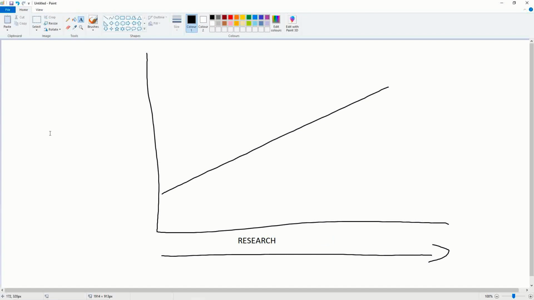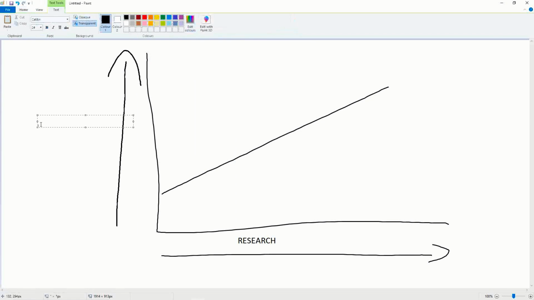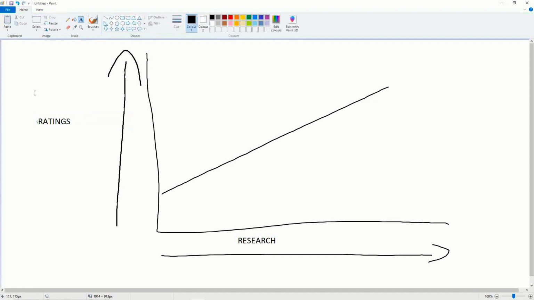And along the y-axis up here, I have my DV, which is ratings. Okay, so what this line here is representing is that as scores on research go up, so do my scores on ratings. This is obviously not to scale, this is just to give a demonstration.